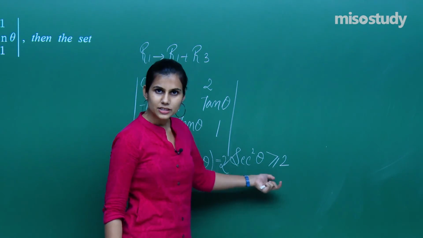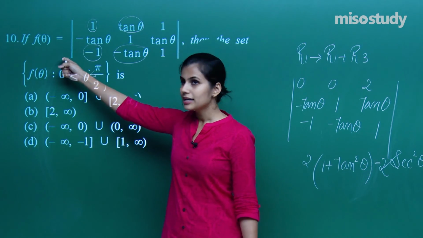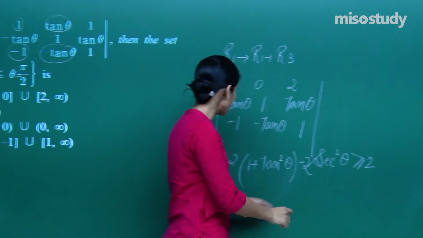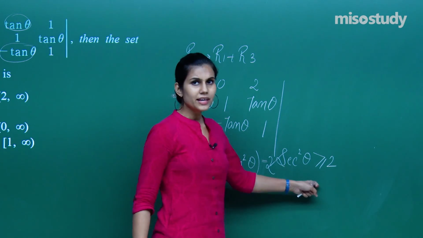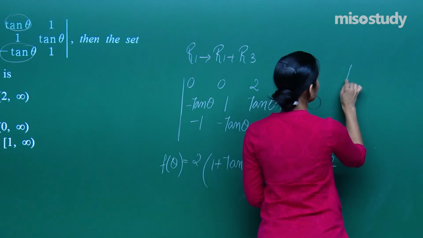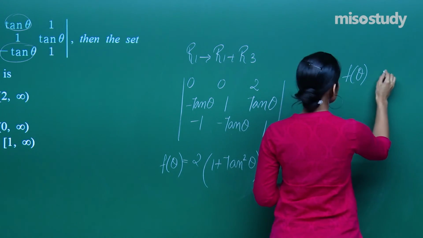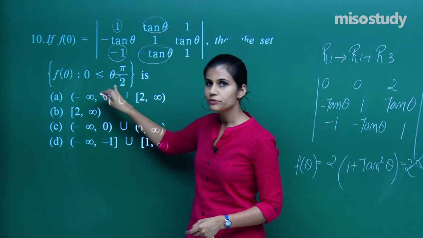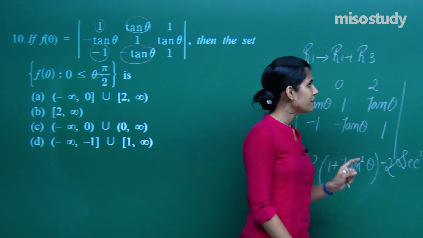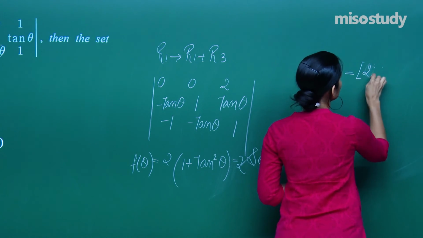Twice of sec square theta is greater than or equal to 2 when theta is lying in this range, and this particular determinant, that is twice of sec square theta, is nothing but f of theta. f of theta is greater than or equal to 2, that means the very set f of theta where theta is lying between 0 and pi by 2 is going to come out to be equal to 2 to infinity.